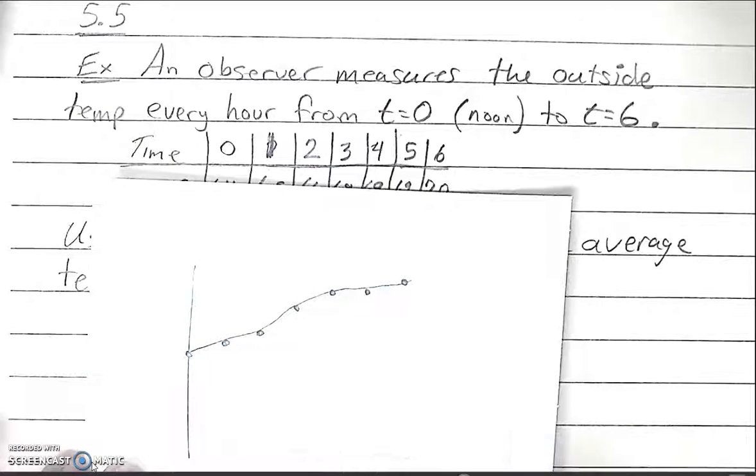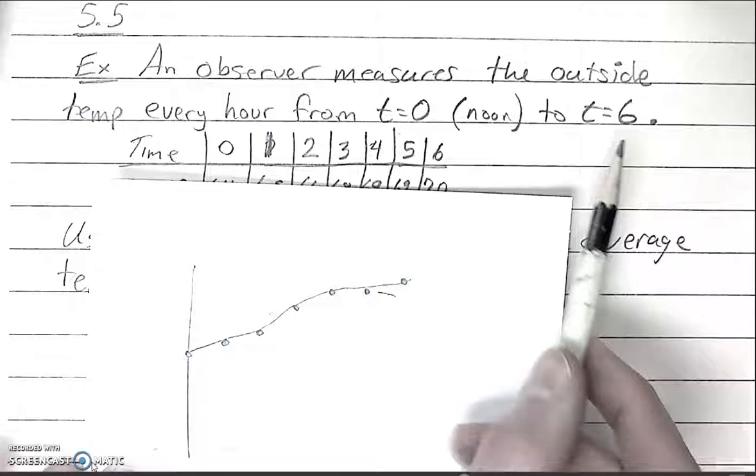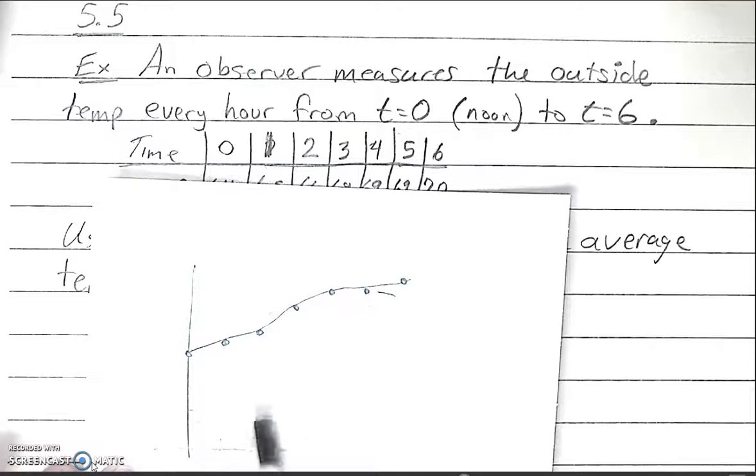So in order to calculate an average temperature, we need to estimate what the average of all these infinite number of temperature readings would be, and we do that with a trapezoidal sum. So we're actually going to be estimating the area underneath all this, and then dividing by 6, which is the number of hours that these measurements are taking place.